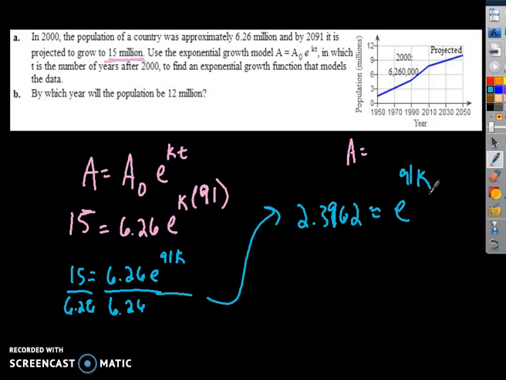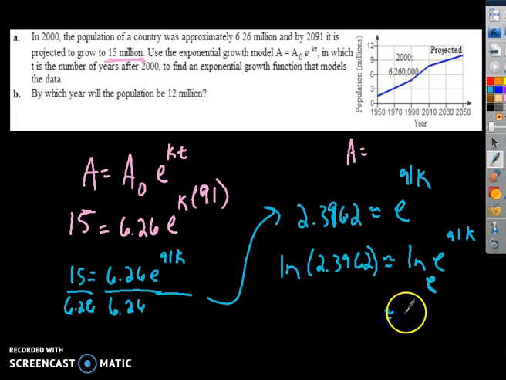If I want to figure out how to get k down, I'll take the natural log of both sides. So the natural log of 2.3962 is about the natural log of e to the 91k. Now we learned a little bit about natural logs. We know that this base here is e, so essentially they cancel.